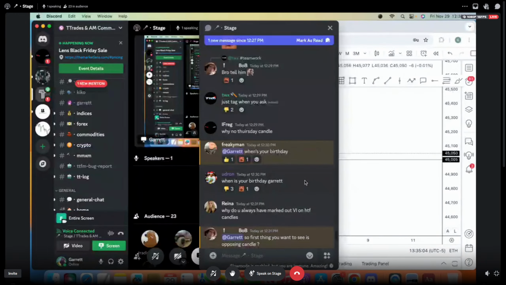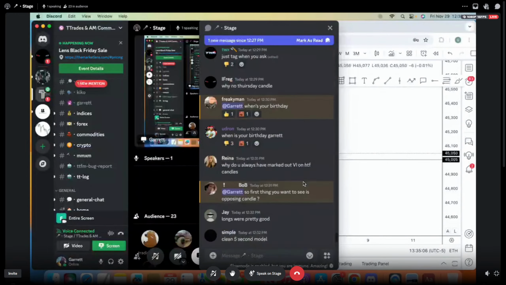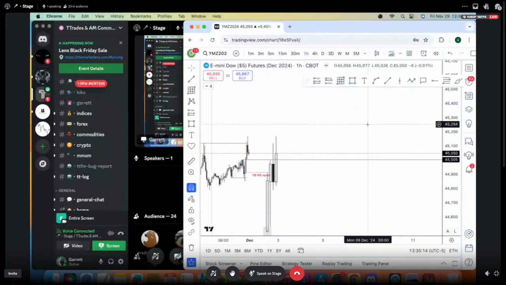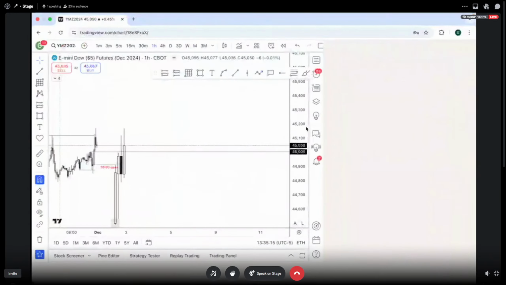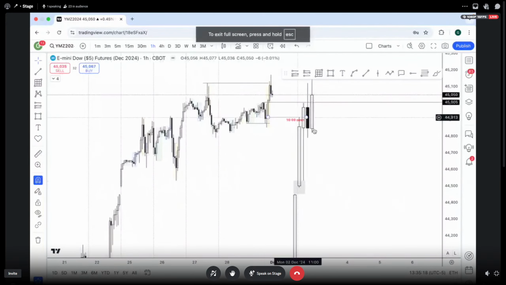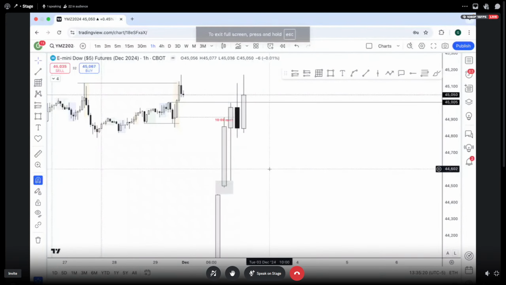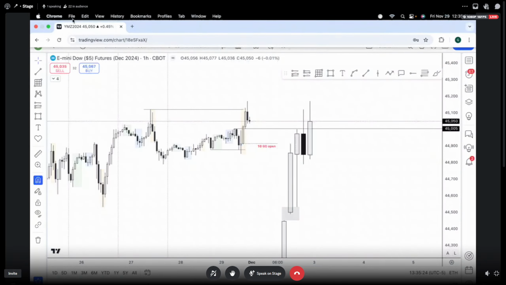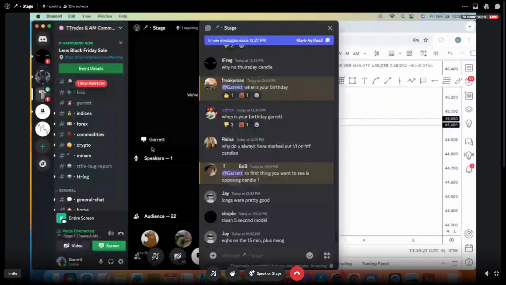It's pretty soon. Why do you always have marked out volume imbalance? Oh, this? The indicator? It just does it. I don't actually mark those out a lot. You talking about the indicator?